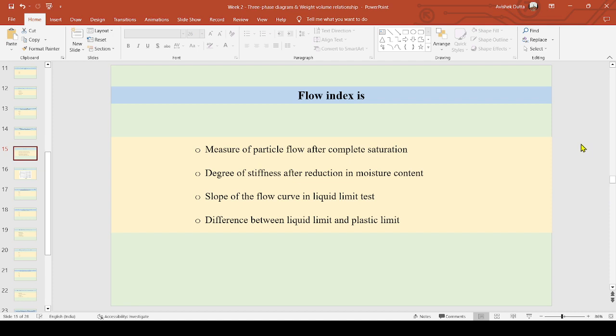Flow index is. What is the definition of flow index?